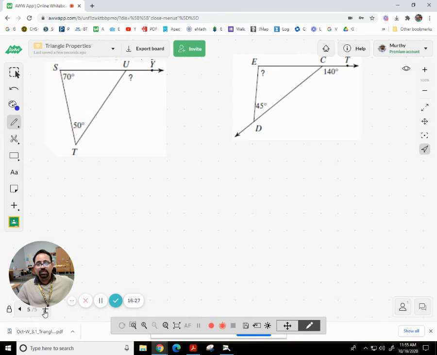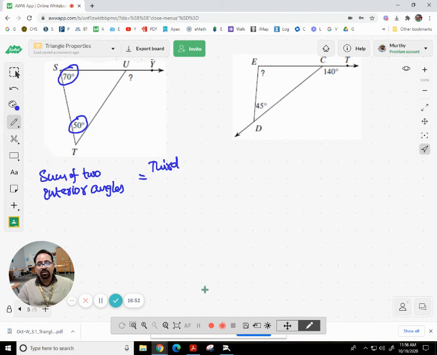Okay, let's jump to the next page. Quickly, two examples. This is 70 and this one is 50. We know that the sum of two interior angles, interior means inside the triangle, equals the third angle's exterior, or third exterior angle.